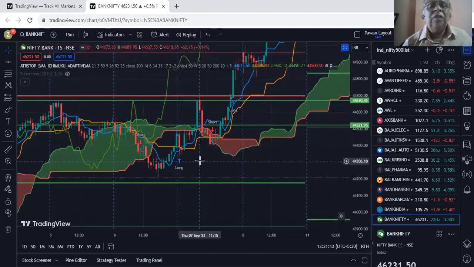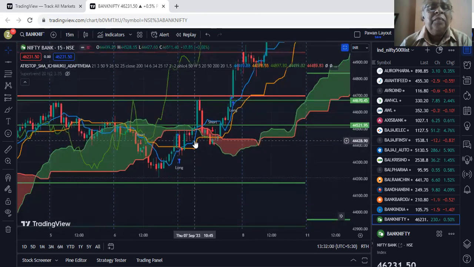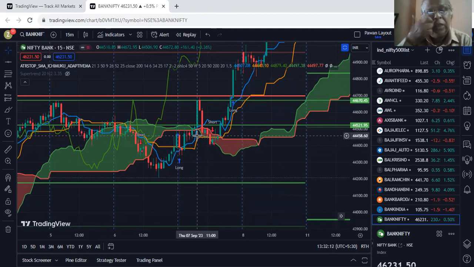When to enter and how to enter. The first trigger price was 44,521.95, which rounds to 44,522. Unless and until the price moves above this trigger price, one should not enter. Initially, we have got the close here.